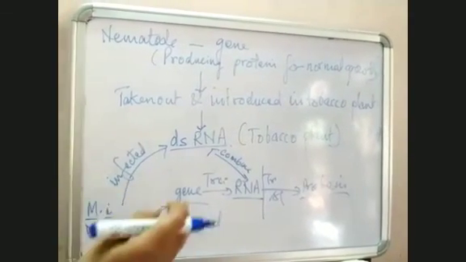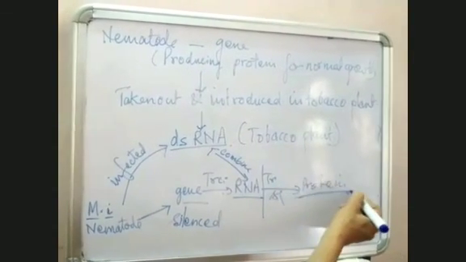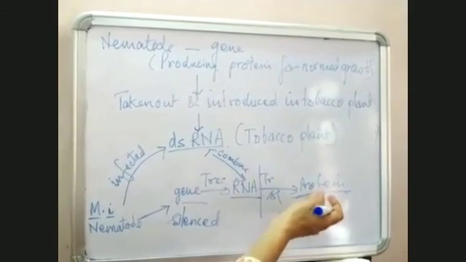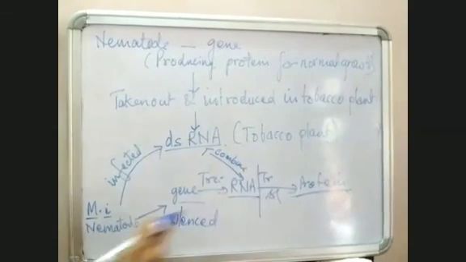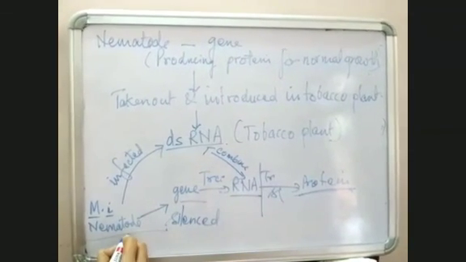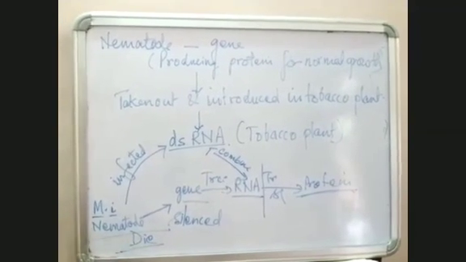The process cannot go further, and the protein is not formed. As you know, this protein is essential for the growth of the nematode. Without it, the nematode will not grow and will die. So the plant is safe.